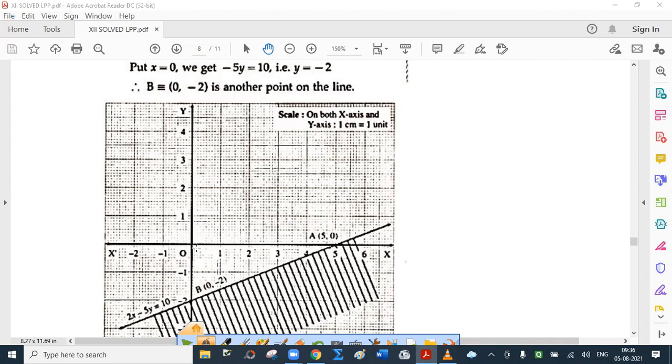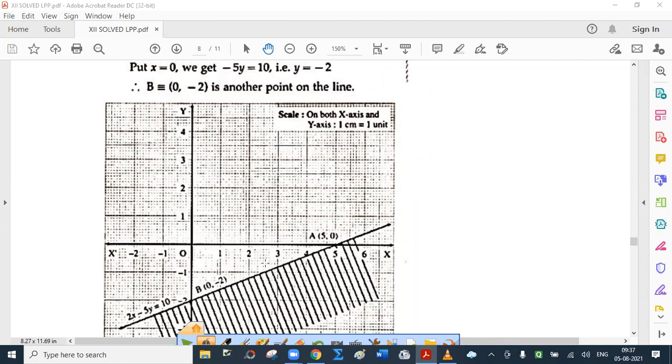Some students may think you have checked only the origin, but what about these other points? When I say origin, I mean all points on the origin side, that is all points above the line, which cannot be part of the solution. So the points below the line, including points on the line. Why including?